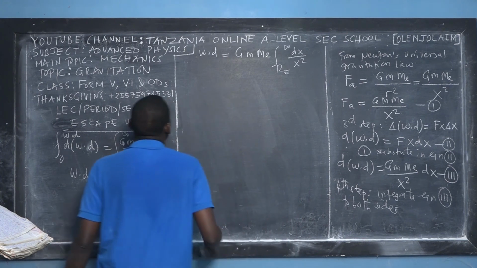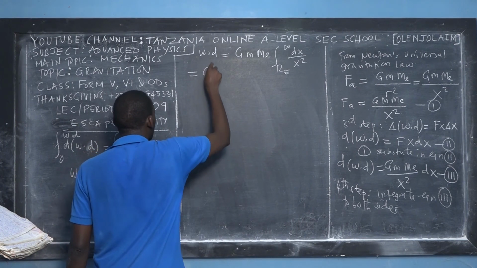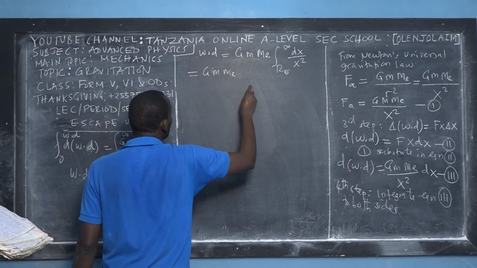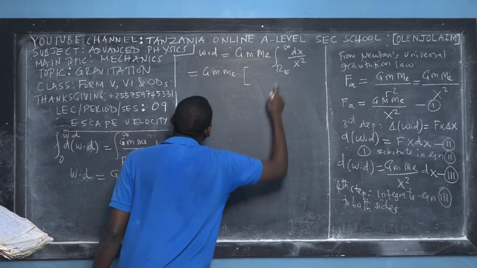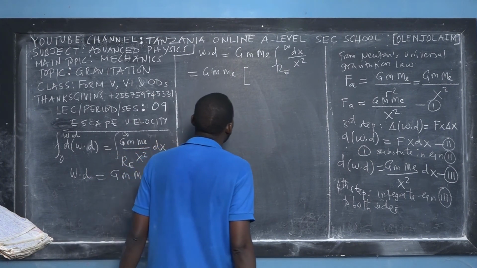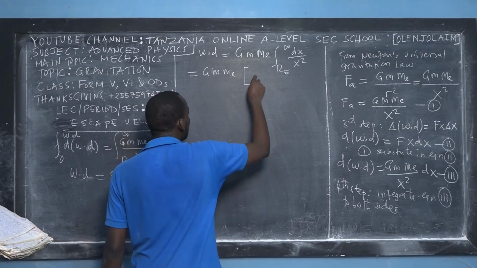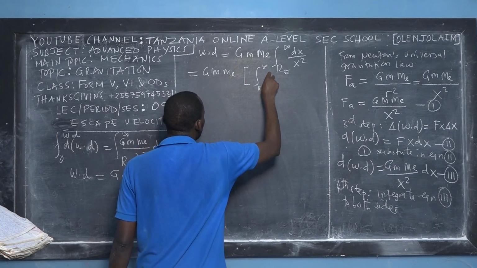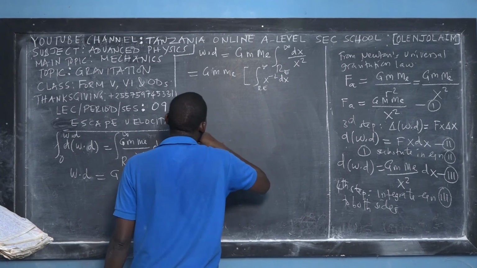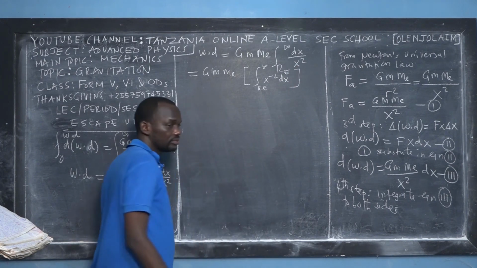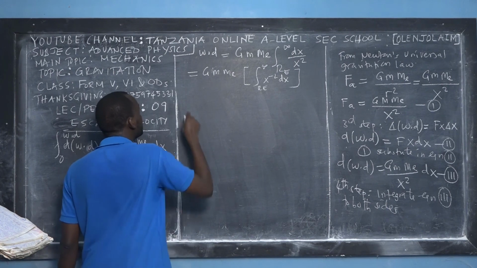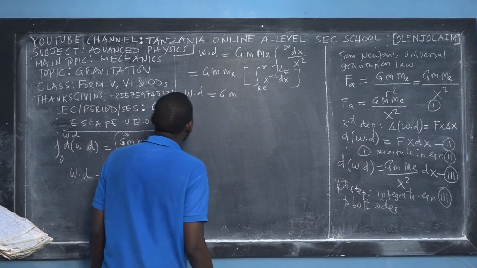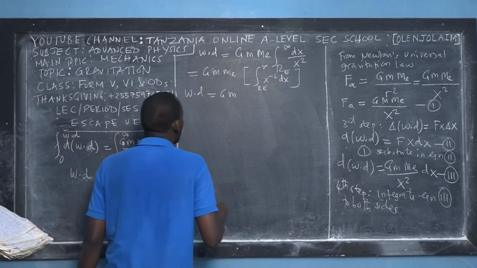To integrate that expression is very, very simple. The gravitational constant times mass 1, the mass of the body, times the mass of the Earth. The way we integrate that, this x squared should be in the numerator. So we integrate from RE to infinity. Listen carefully: x to the power negative 2 dx. Be careful, please. So the work done is equal to the gravitational constant times the mass of the body and the mass of the Earth times the integral.